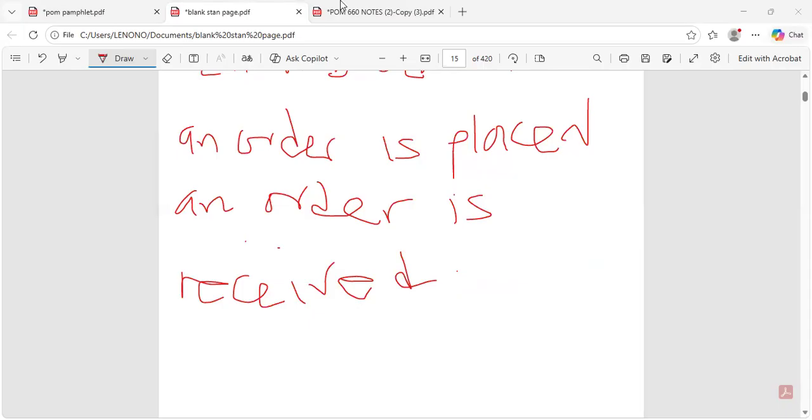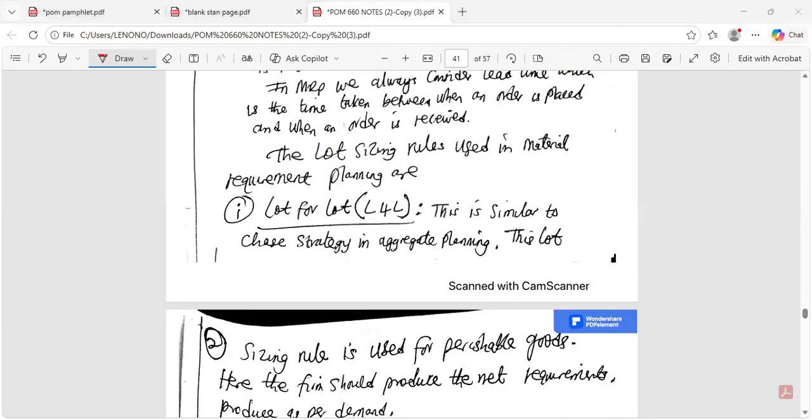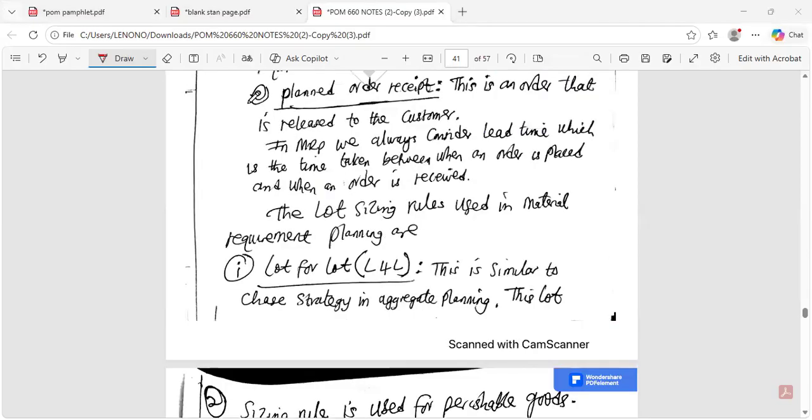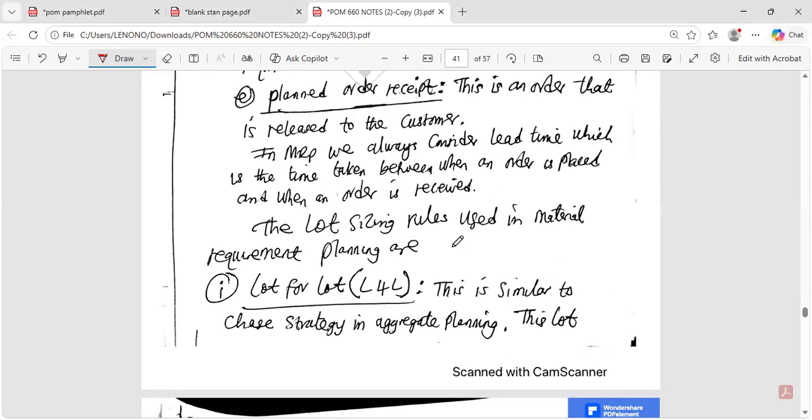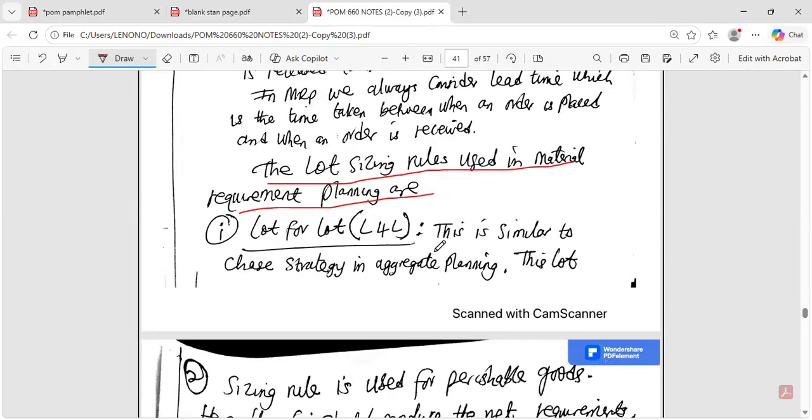All right. So now we want to go to what we call lot sizing rules in MRP. So lot sizing rules are production rules. The first one is lot for lot.